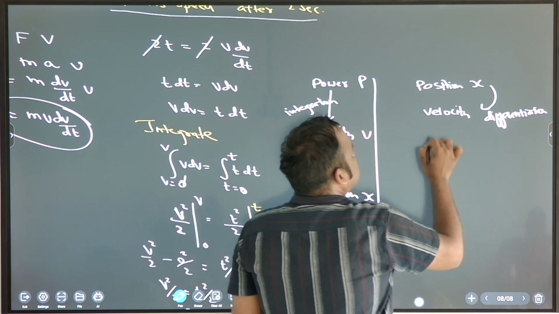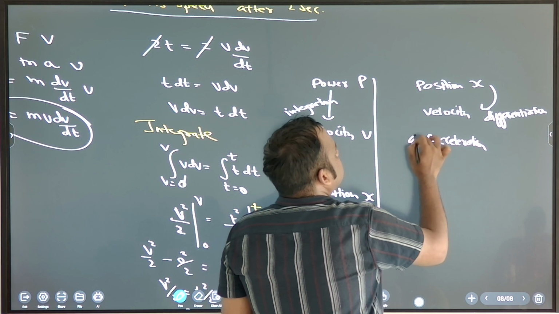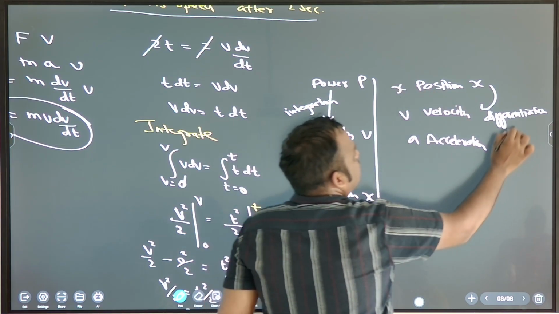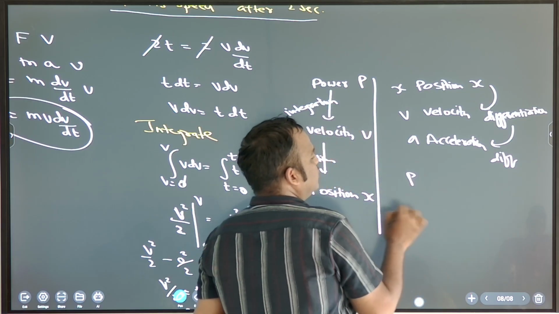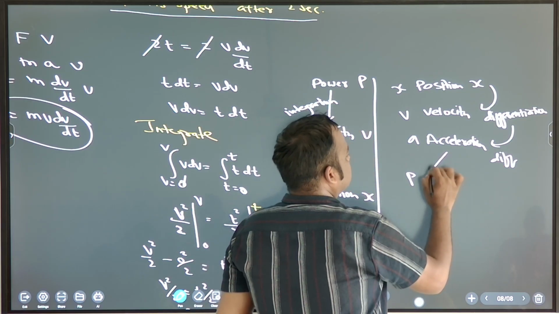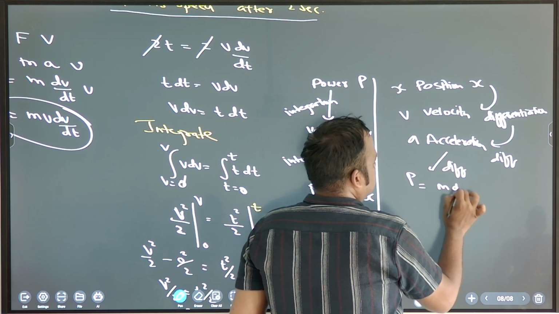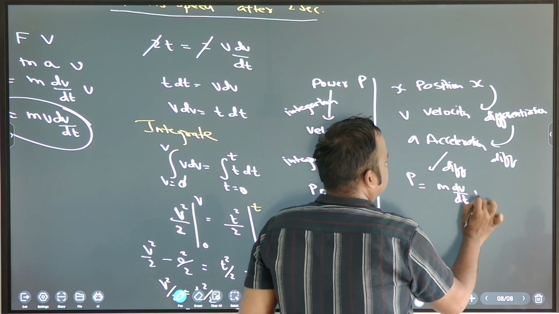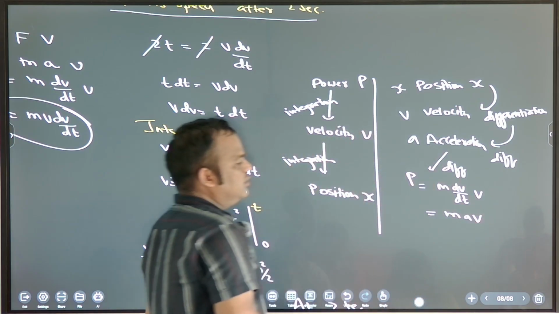Velocity given, acceleration you have to find. So you have to use differentiation again. Then power you have to find, again differentiation. You have to use m dv by dt into v, so mav, correct?